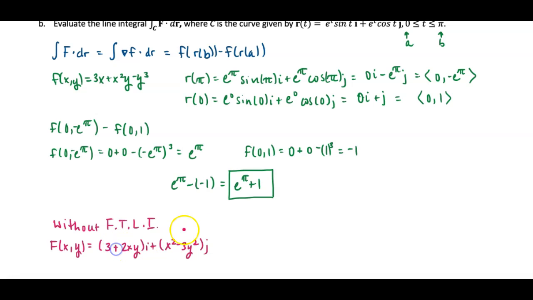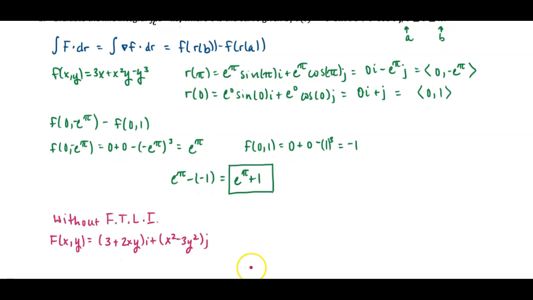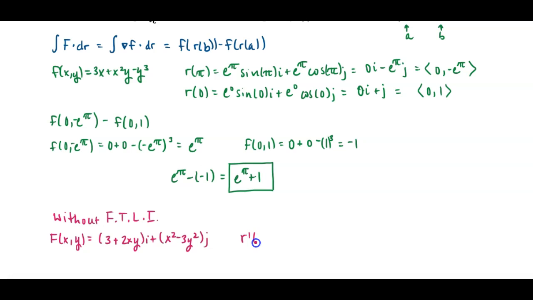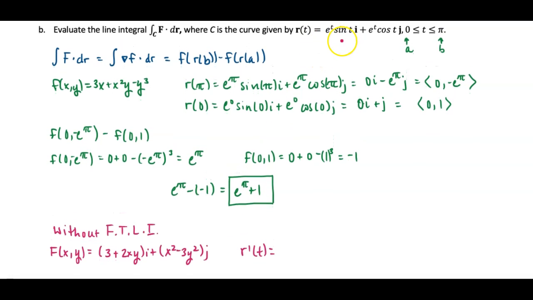And we can also find dr. We can really find r prime of t. And our r prime of t is going to be, well, e to the t sine of t i. So taking that derivative, we get e to the t times the cosine of t plus sine of t times e to the t, just using that product rule.